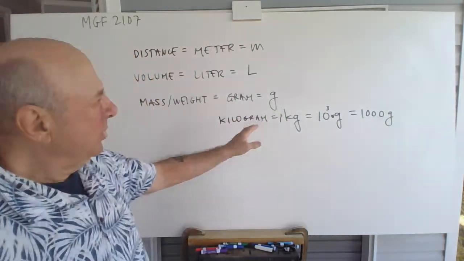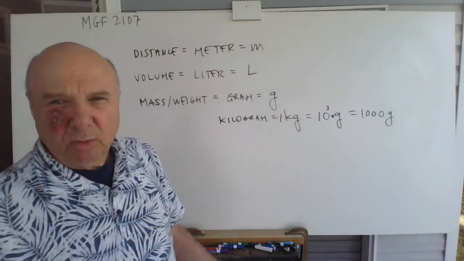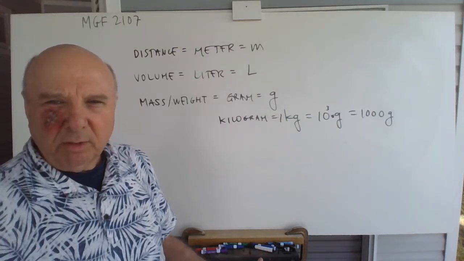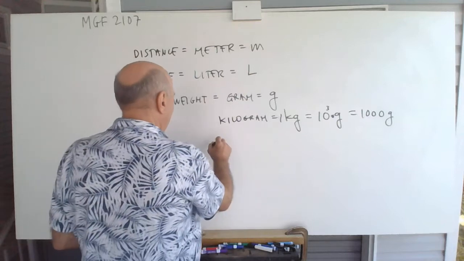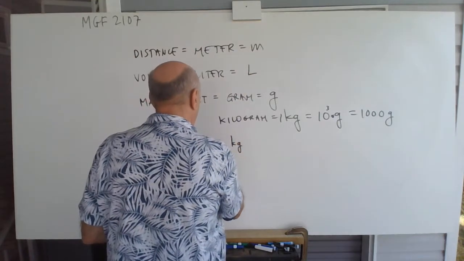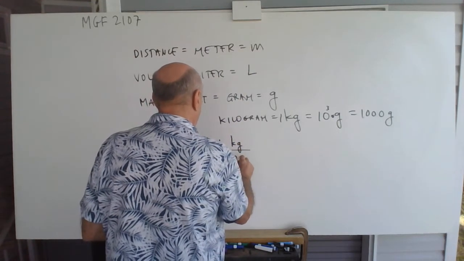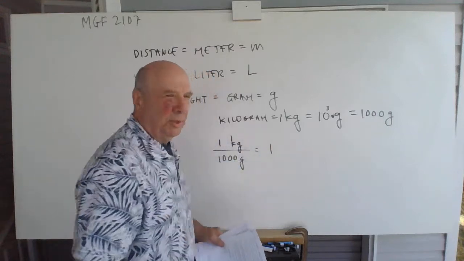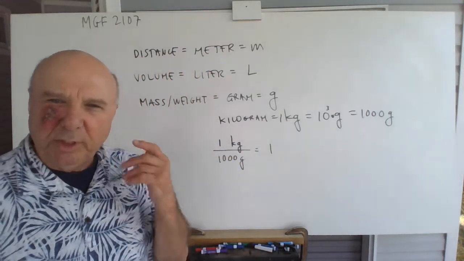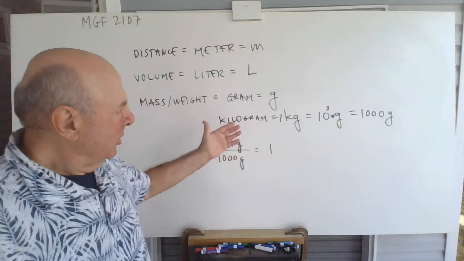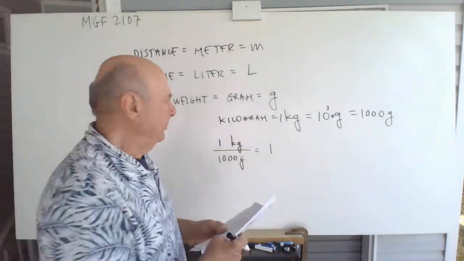Then this affords us a mechanism to talk about what we call unit fractions. Now, since a kilogram and 1,000 grams are equal, if I divide one by the other, I get a unit. Since they're equal, when you divide 2 equal things, you get 1, the unit. But I can divide them the other way, too.